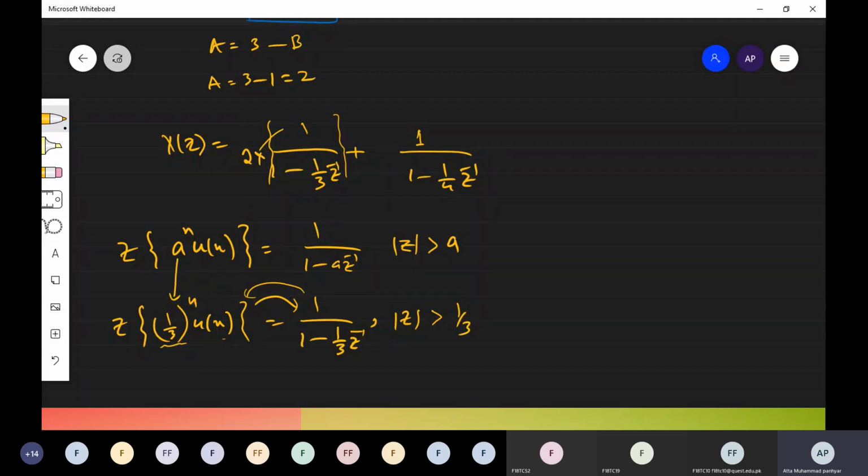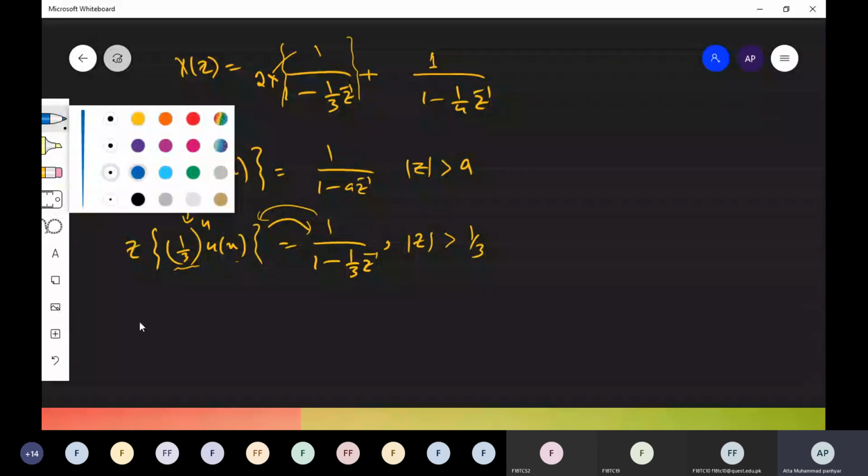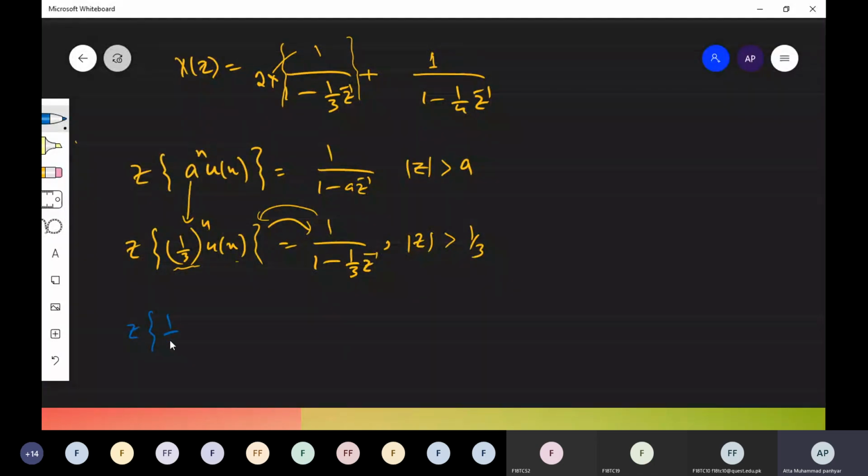What about the second one? For example, if we say z transform of 1 by 4 whole power n u of n, that must be equal to 1 upon 1 minus 1 upon 4 z inverse, given that z must be greater than 1 upon 4, right?